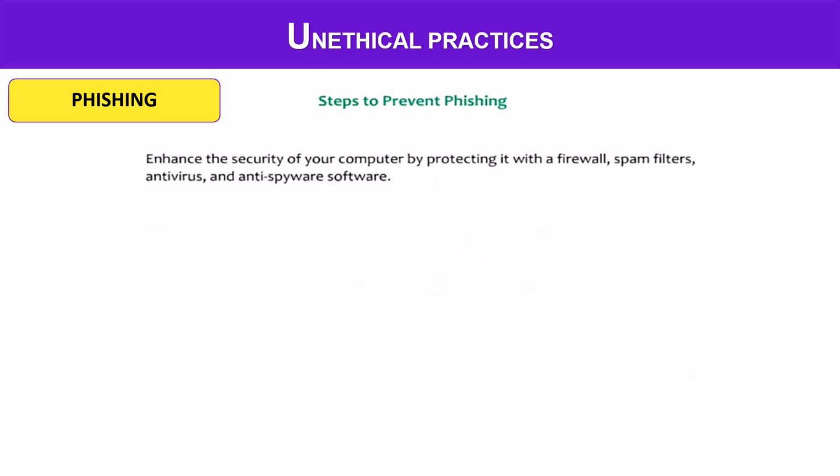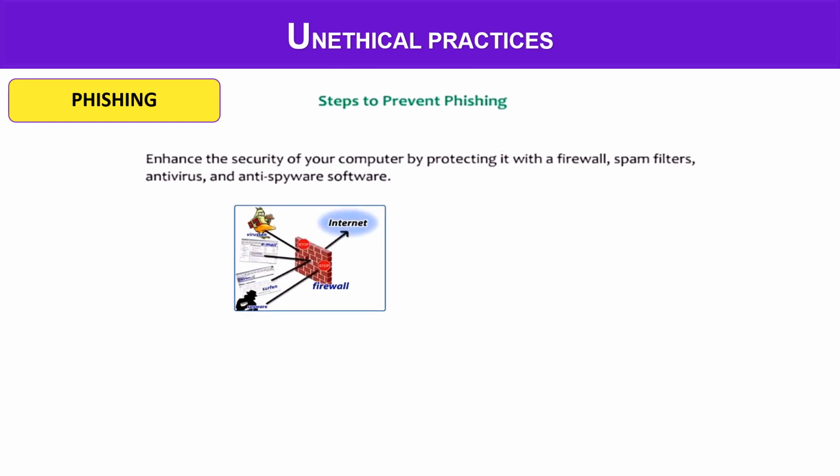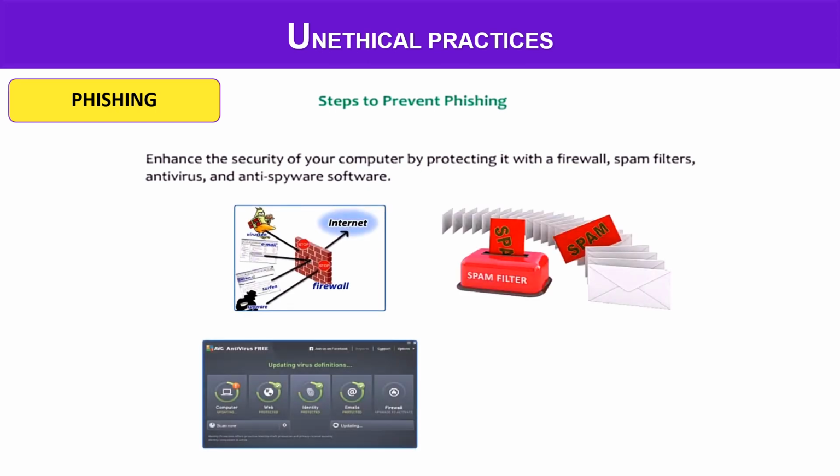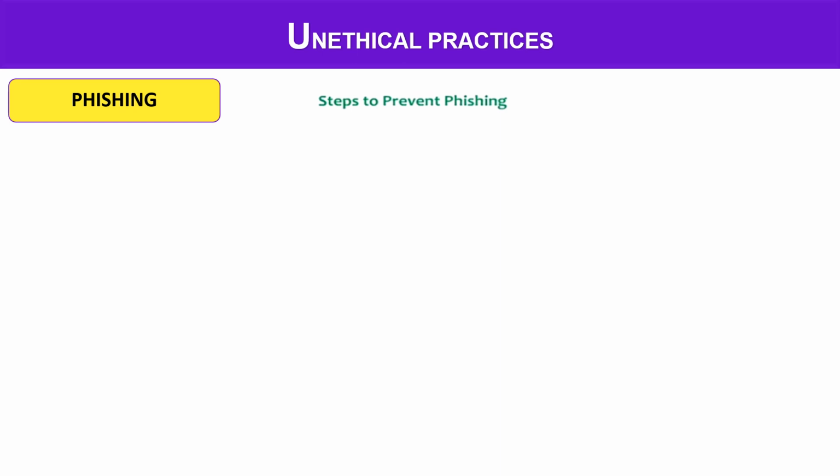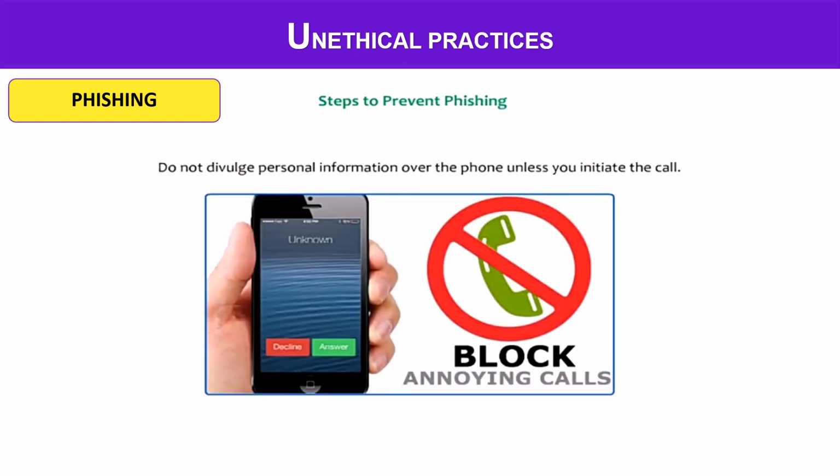Strengthen the security of your computer by protecting it with a firewall, spam filters, antivirus, and anti-spy software. Do not divulge personal information over the phone unless you initiate the call, which simply means do not reveal or disclose personal information to anyone unless you know the person you're talking to.